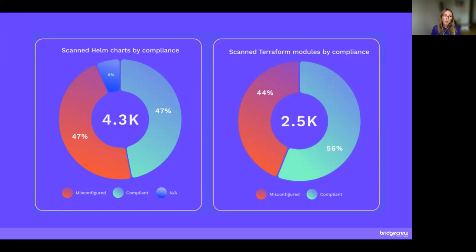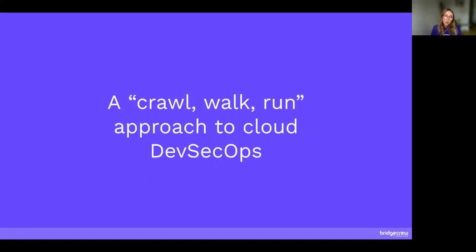Nonetheless, these findings highlight that misconfigurations at the infrastructure as code level are important to be aware of, and that it's on individual teams and individual developers to understand and fix these configurations when they're integrating them into their code bases.